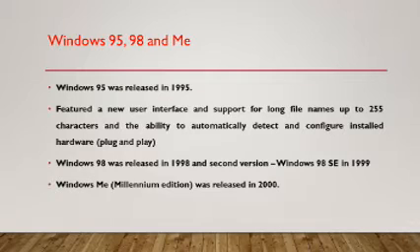Windows 95 was one of the most popular Windows operating systems at that time, because of the new user interface, and it allowed users to connect any kind of external drivers and automatically detected these software drivers for the computers, which is the plug and play capability of Windows 95. And also it supported long file names up to 255 characters.